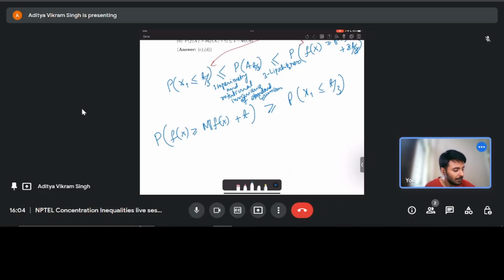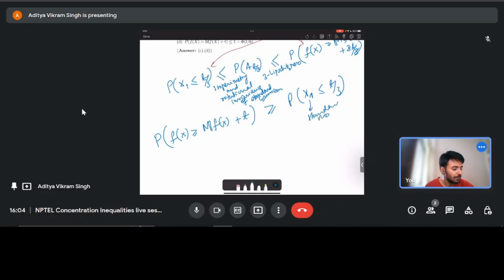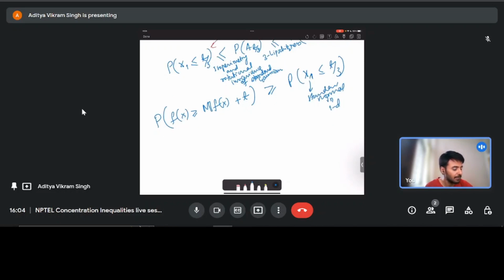Now x1 is just the standard normal in one dimension, so this is just the CDF of the standard normal, this phi here.